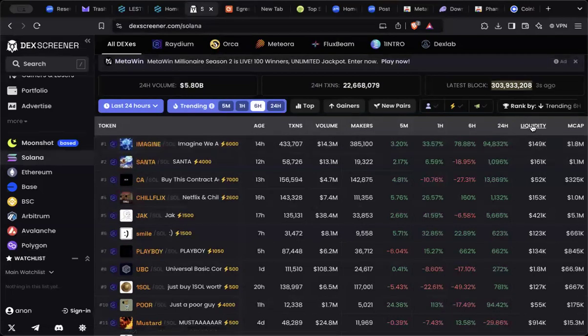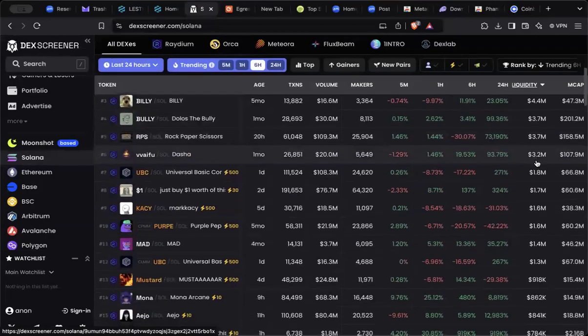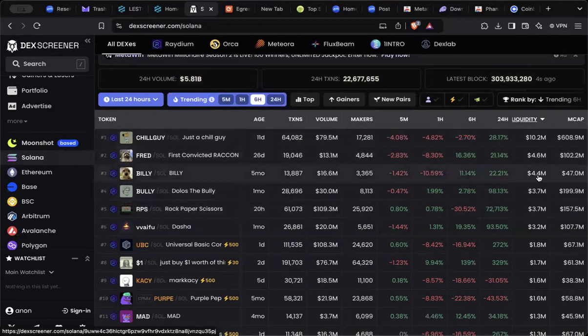If you click on this, it will change and bring up which ones have had a lot of money going through them, because these are the ones that you're going to be looking at. You're not going to be looking at ones that have hardly any money going in just because you like the name of it, because there's no money coming in for it. That means if you put your money in, you'd probably be losing it or throwing your money away. So once again, always look at the liquidity first.